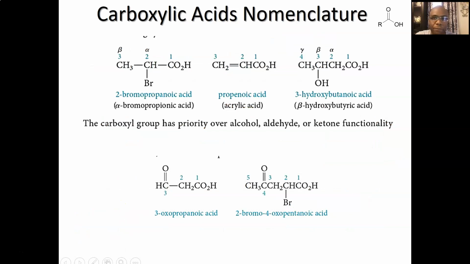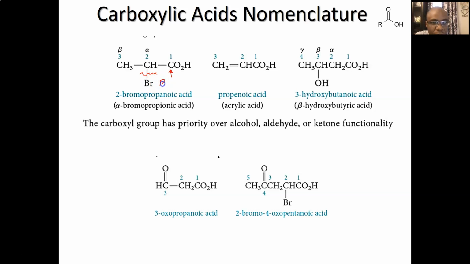So how do we name carboxylic acids? The priority is going to be given to the carboxyl group carbon. So we start from that carbon 1, 2, 3. You look for the longest chain. So identify your substituent.